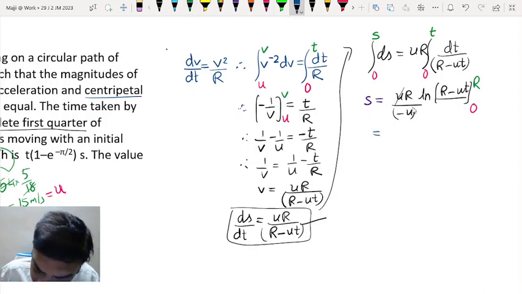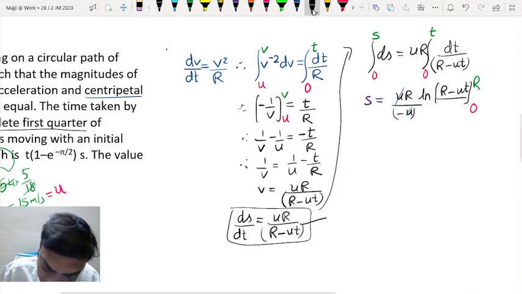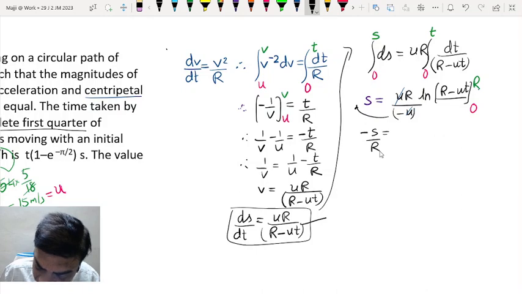So this will be r times, you can absorb the minus sign and interchange the limits. You can take this minus sign to this side. So we have minus s by r is equal to log natural of r minus ut by r.